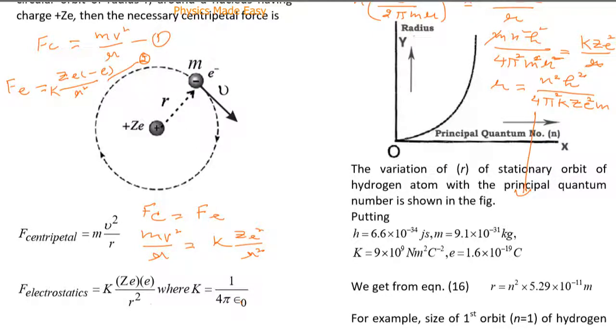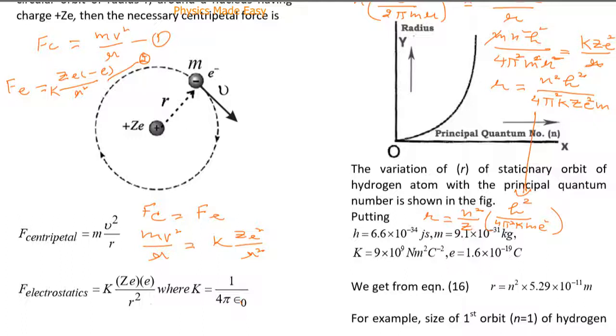So I shall be writing here r is equal to n square divided by Z, and inside it I shall be having h square and 4 pi square K m e square.